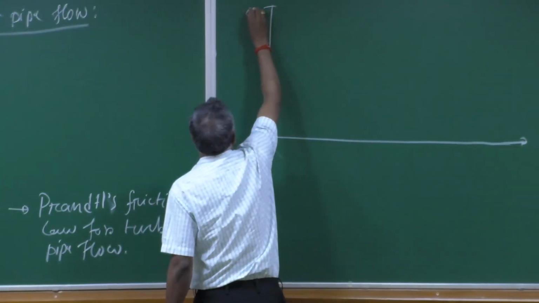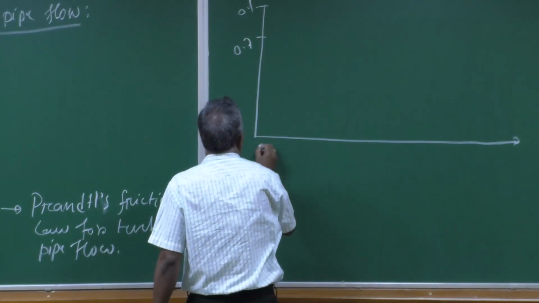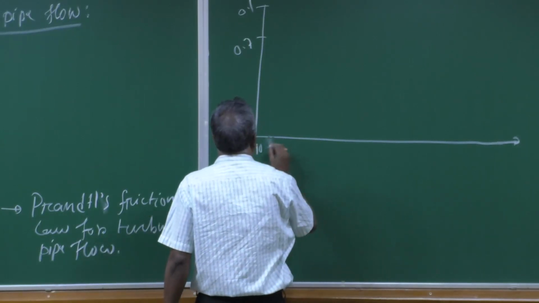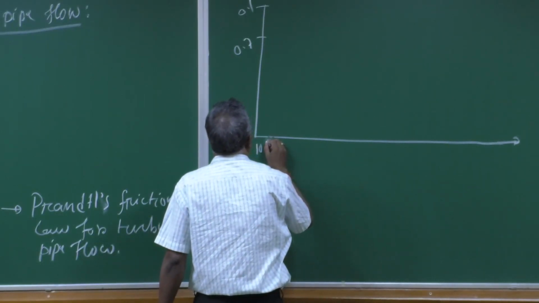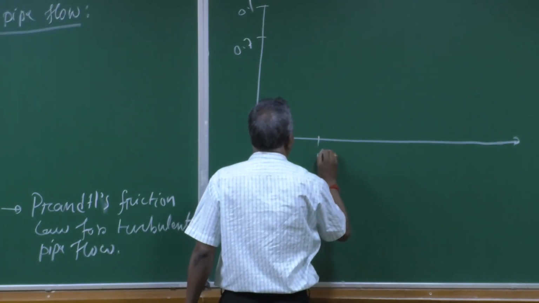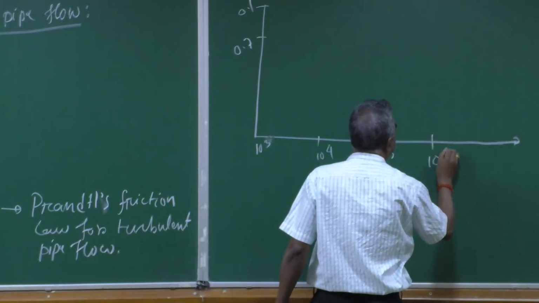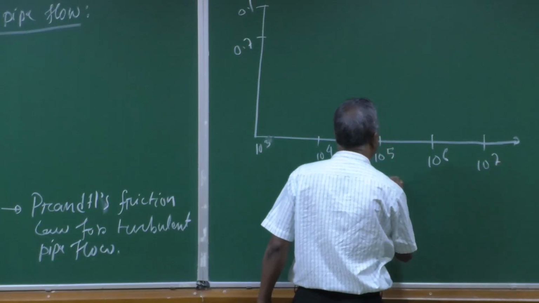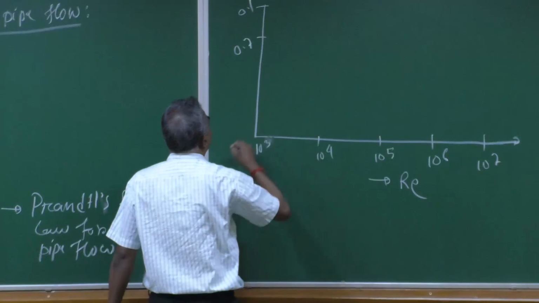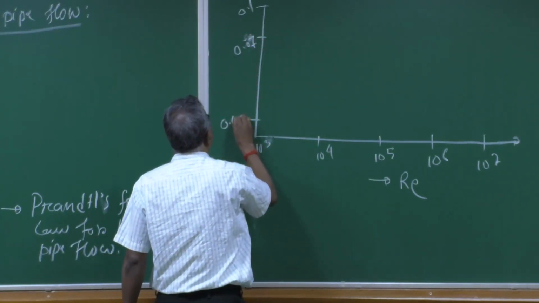Let us say this is 0.1, this is 0.07, and this is 10 to the power 3, this is 10 to the power 4, 10 to the power 5, 10 to the power 6, 10 to the power 7, and this is your Reynolds number Re, and this curve is in log plot. Sorry, this should be 0.07, okay, 0.01 and so on.